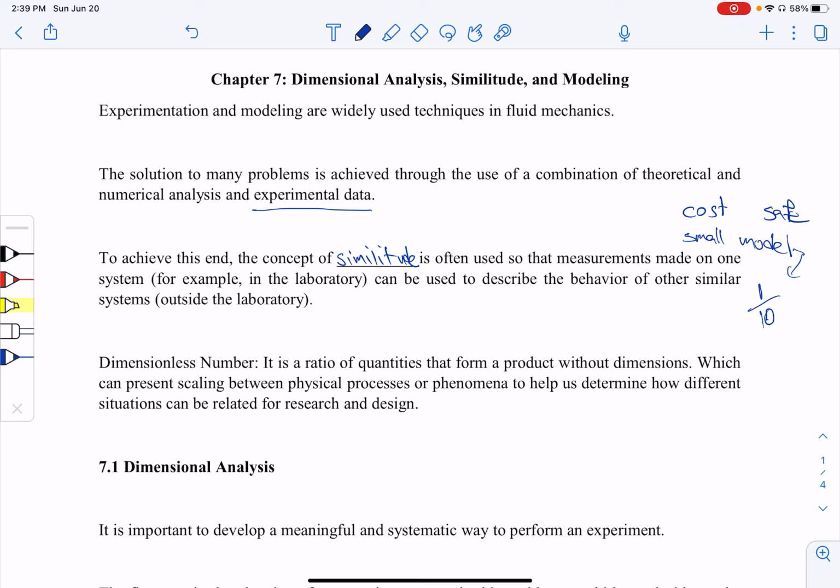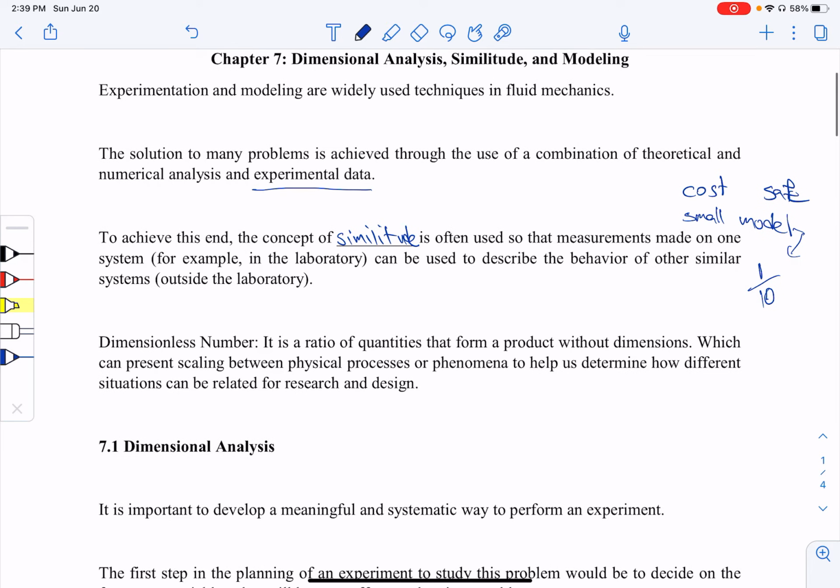For example, would the velocity be the same as the velocity of the real turbine? Or how about the other variables like tower height, or the density, or the viscosity? So can we just say that everything is going to scale down by 1/10? The answer is no, we cannot do that.